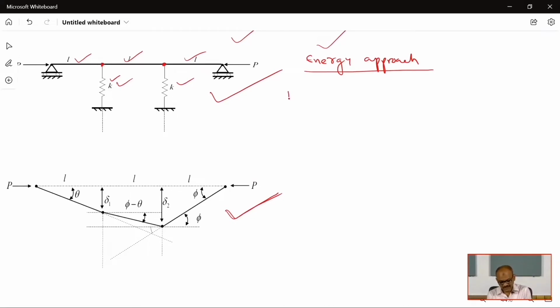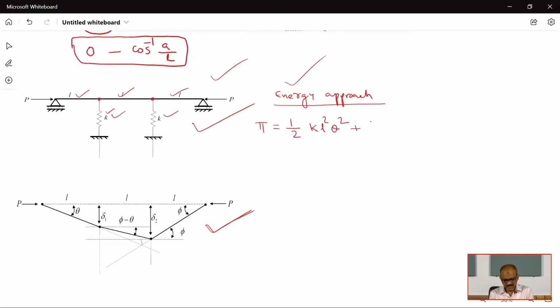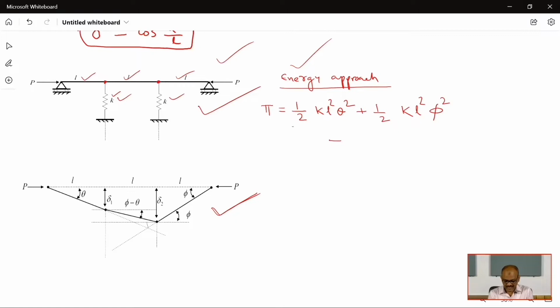Total potential energy you can calculate as half K L square theta square plus half K L square phi square. This is the energy stored in the spring.